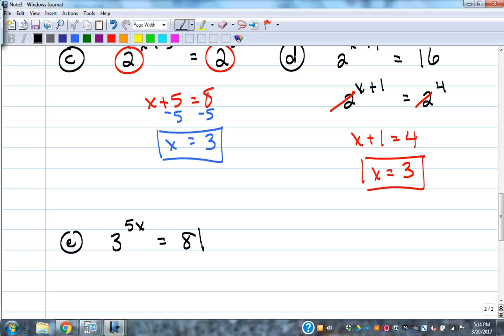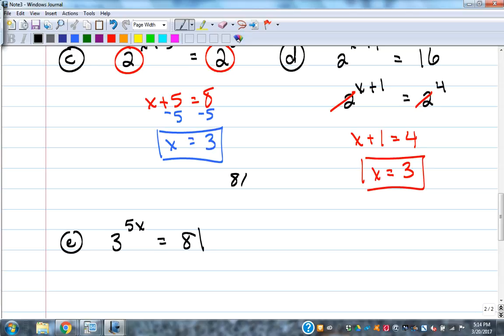Think exponentially here. 3 to the 5x is equal to 81. So I'm thinking, okay, 3 is a base. 3 is a prime number, so I know I can't break 3 down any. 81, though, is 9 times 9.